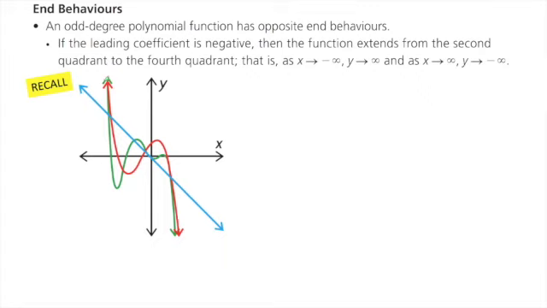So some examples here. It starts pointing up, whatever the example is. So here you have your blue line starts pointing up to the left, so it has to finish pointing down to the right because of the leading coefficient being negative. That negative means it finishes pointing down to the right, okay? That is for your odd degree.